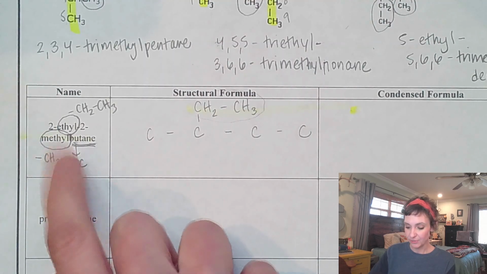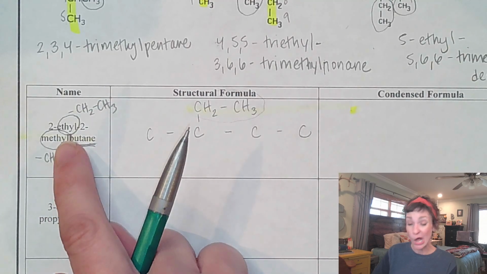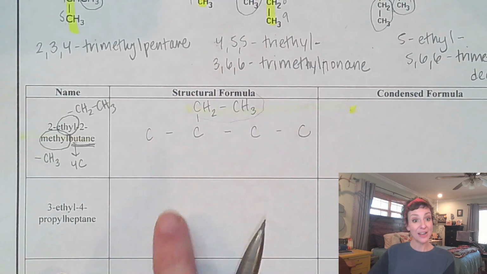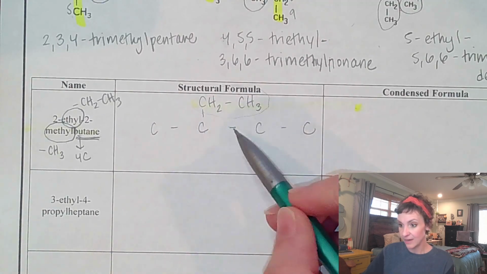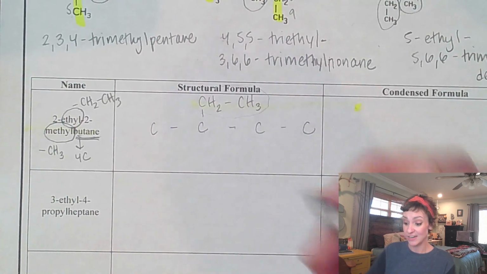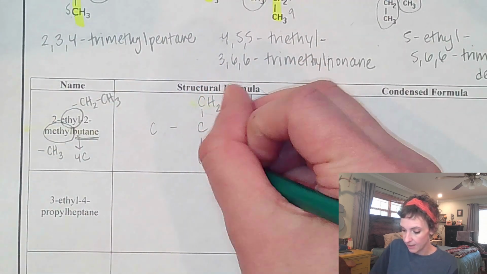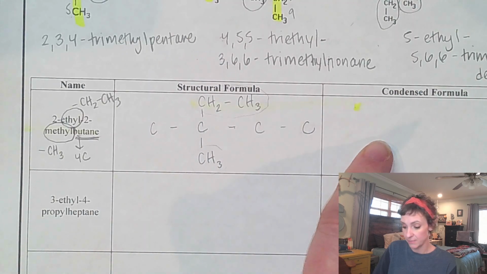My next alkyl group that I have on here is a methyl group, and he is also coming off of carbon number 2. Do I have space? You do have space, because keep in mind, each carbon can make 4 bonds. He's only made 3 bonds so far, so thank goodness we have another bond for him to make with a methyl group. Okay, so here's our ethyl group, here's our methyl group, both coming off of the 2nd carbon.